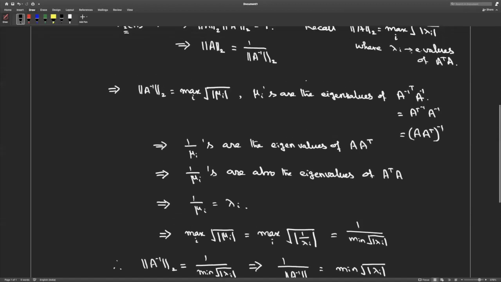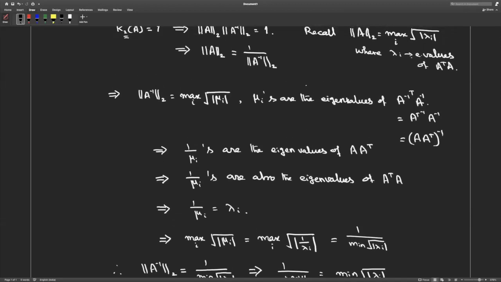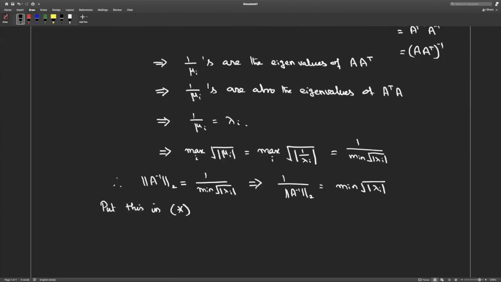Now substitute this into this equation. We get norm A, which is the maximum of root mod lambda i, is equal to 1 by norm A inverse, which is the minimum of root mod lambda i.